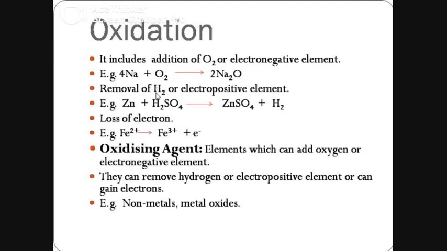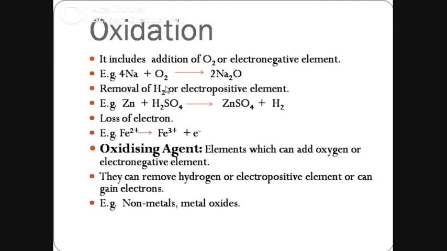Oxidation, children, also involves removal of hydrogen or electropositive element. Here for electropositive element, we generally take the example of metals which can donate their valence electrons easily to complete their octet.